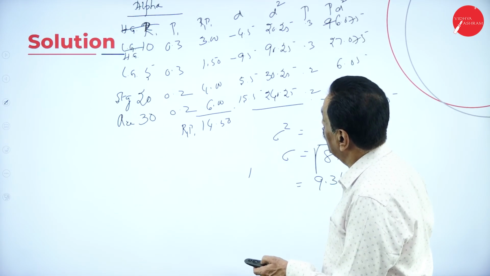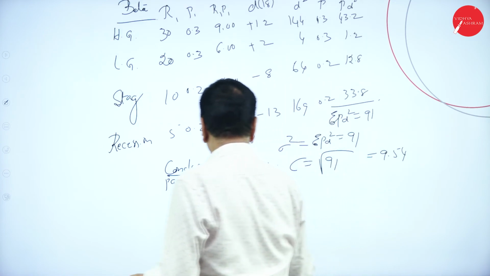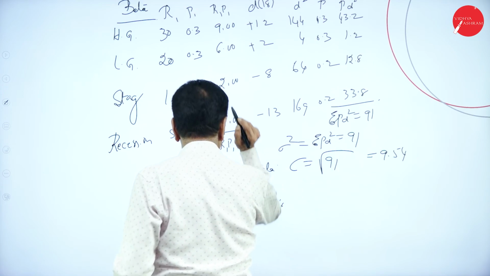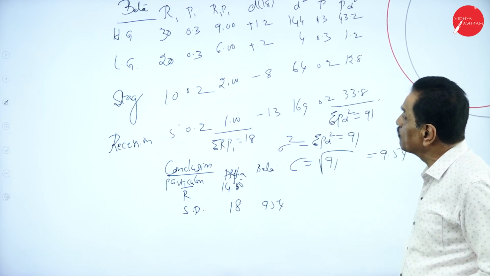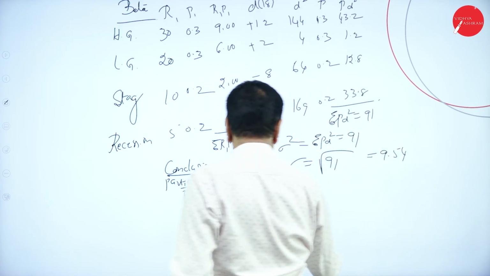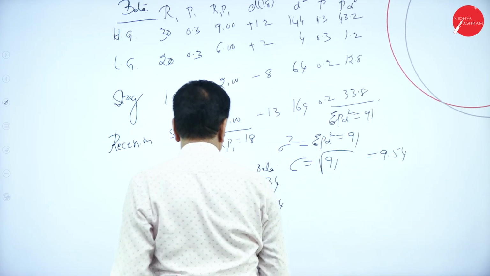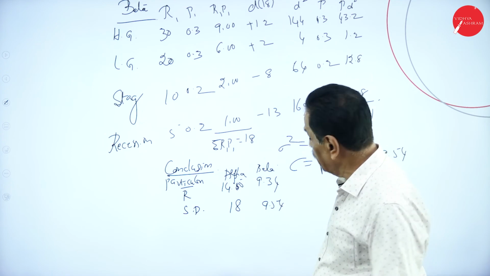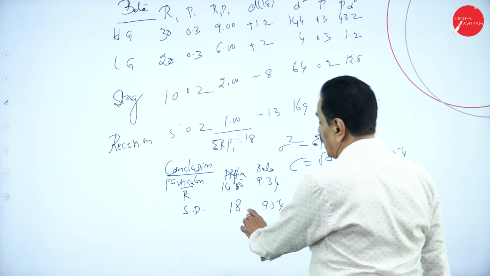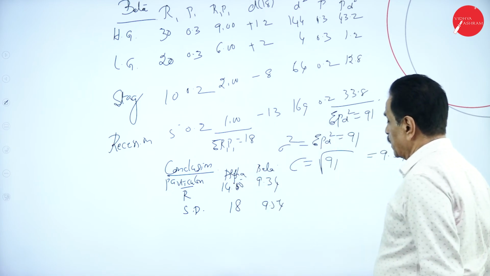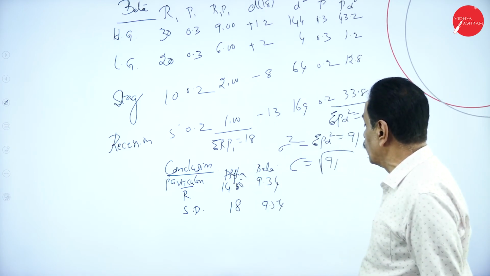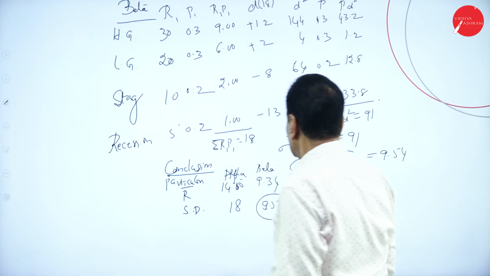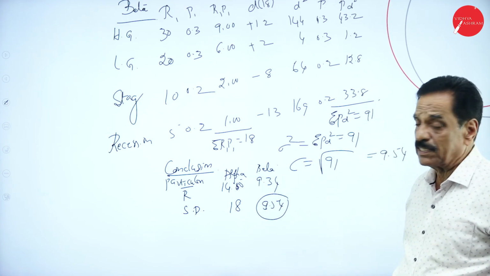Then come back to alpha, 14.50, standard deviation 9.34. Your return is more here, your risk is more here. Beta standard deviation is 9.54.